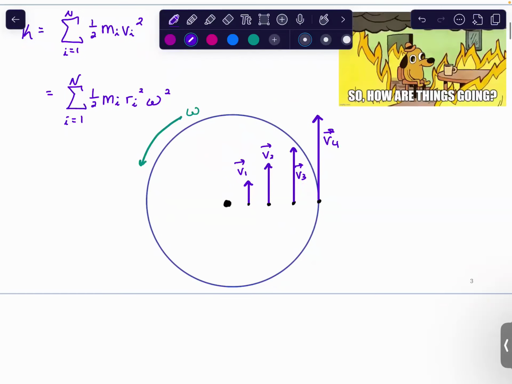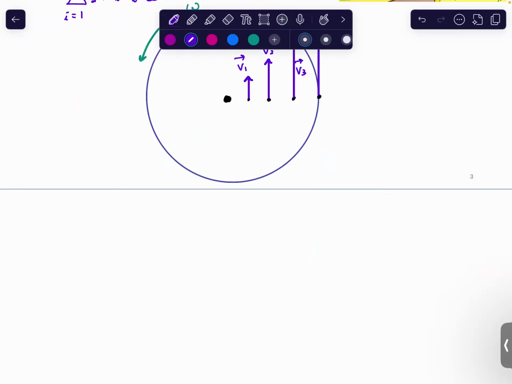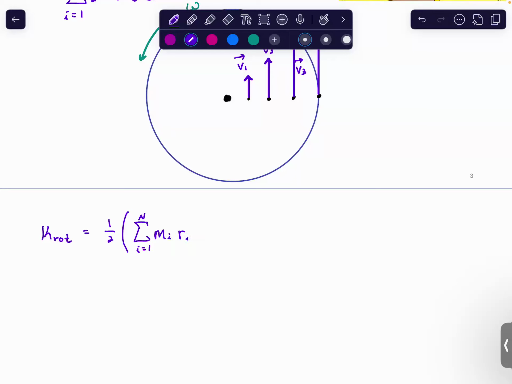So then let's take a look at what we have here. Just like an integral, a sum, anything that's a constant can be pulled out of the sum. So for our rotational kinetic energy, we're going to pull the 1/2 out, and we'll go ahead and pull the omega out.